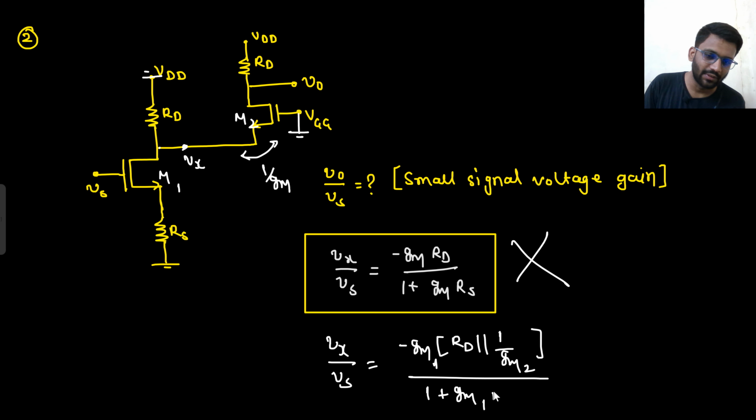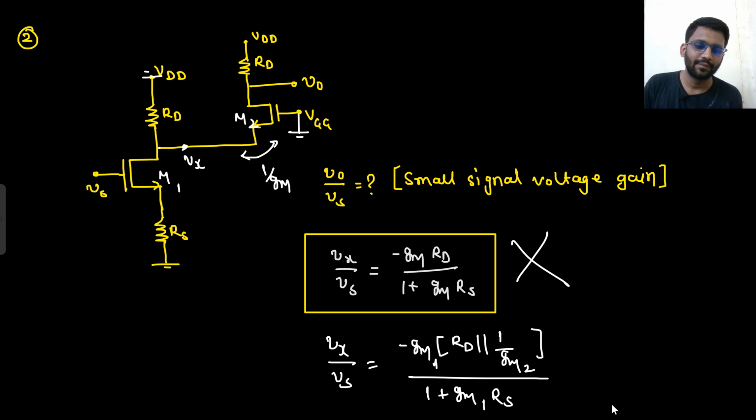Now what about Vx by V0? Now your target is to find Vx by V0. Since this potential is Vx, what is the current flowing here? That would be Gm2 Vx. Look, this is Vx potential and this is grounded, so the current in the upward direction is Gm2 Vx.